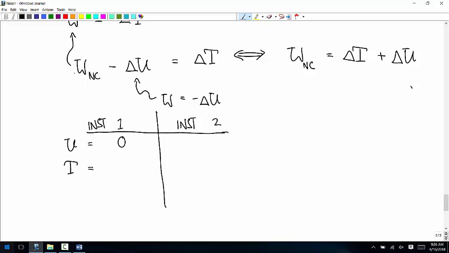We don't know it. It's just the same as it was before. That's just 1/2 mv squared, so 25v squared. None of these things are going to change from part A. The only thing that's going to change is we have to include the work done by the friction now.